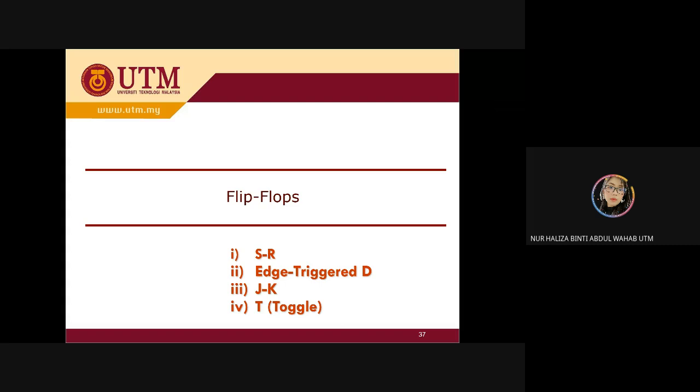So we're going to go directly to our flip-flop. What is the difference between our flip-flop and latches?